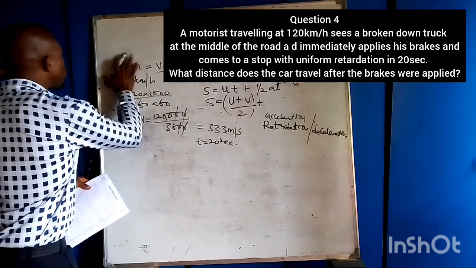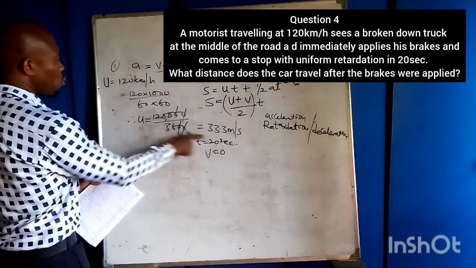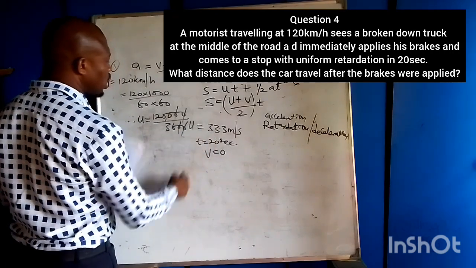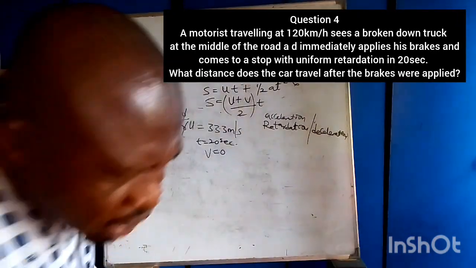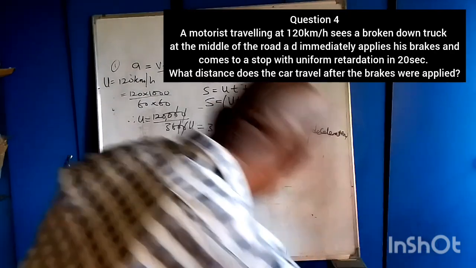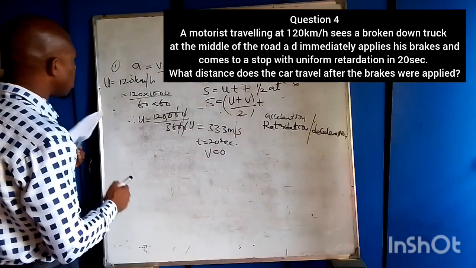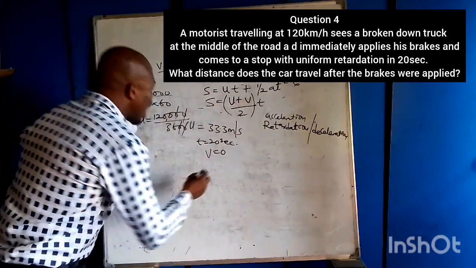So, in other words, we now have that V is 0. These are the values we have. This is the value for U, this is T, that is V. We also have the retardation.